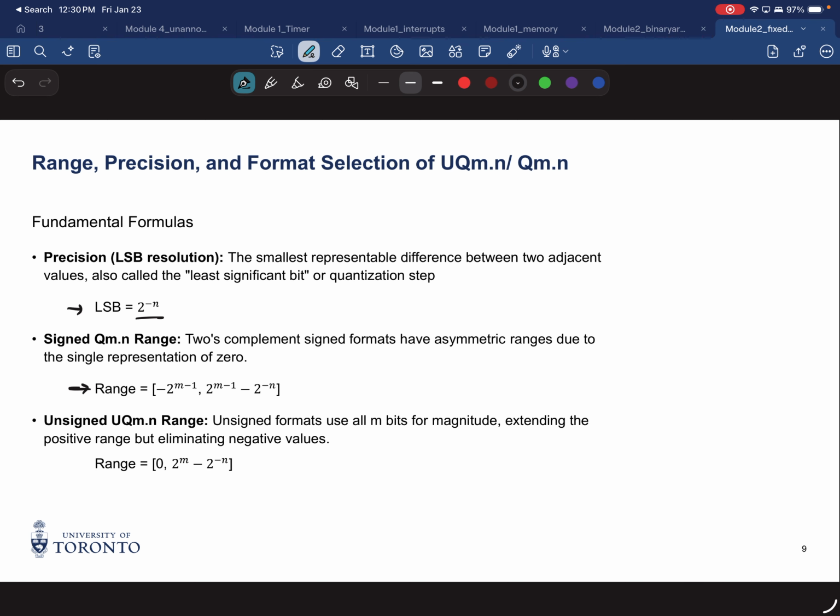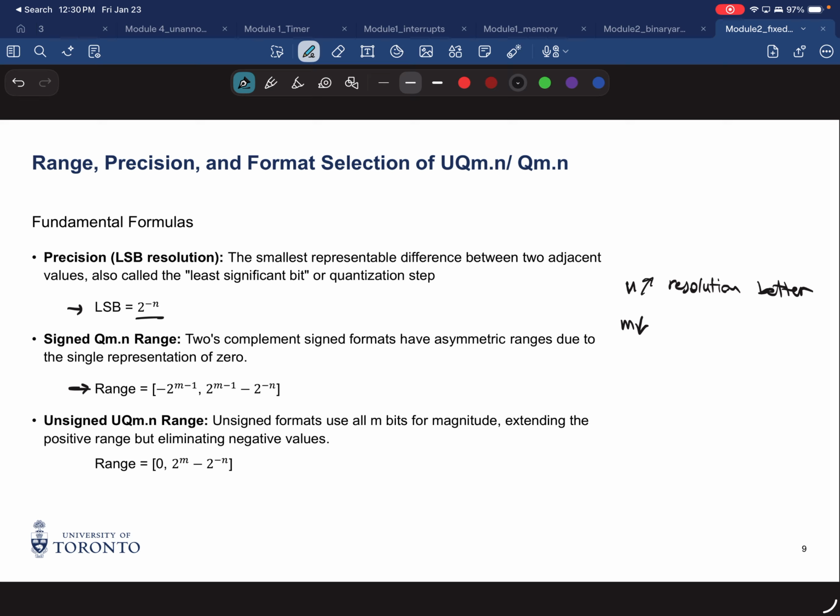And as you can guess, for a fixed number of bits, if you increase the fractional bits, n goes higher, resolution goes better, but m has to come down because the number of bits you have is constant.